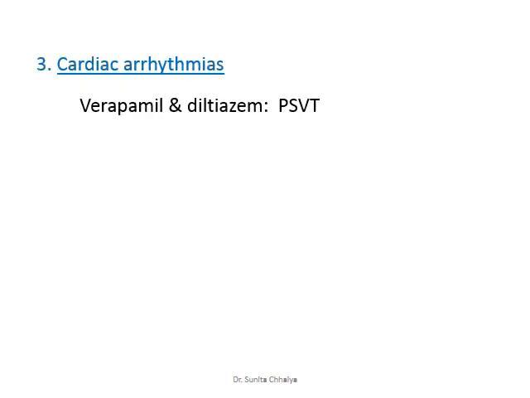Then they are used for the treatment of cardiac arrhythmias. Verapamil and diltiazem are used in paroxysmal supraventricular tachycardia as well as to control the ventricular rate in atrial flutter, as verapamil depresses the SA node and AV node by prolonging the recovery of calcium channel.